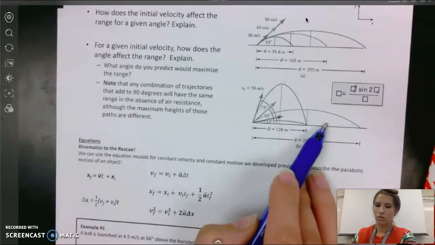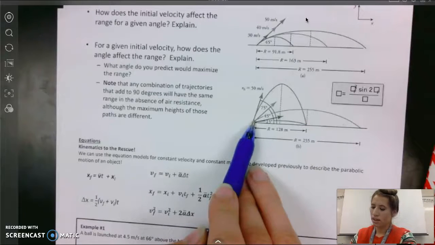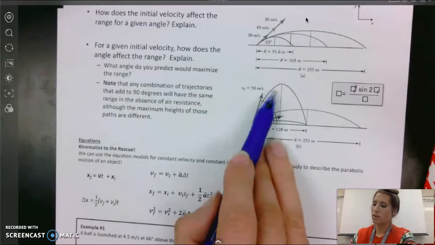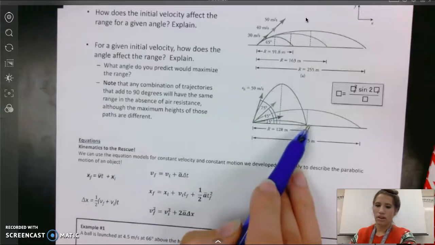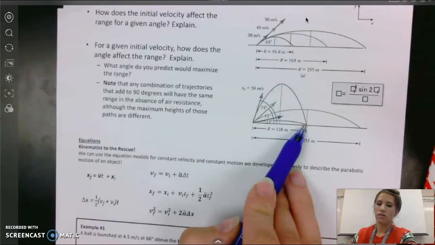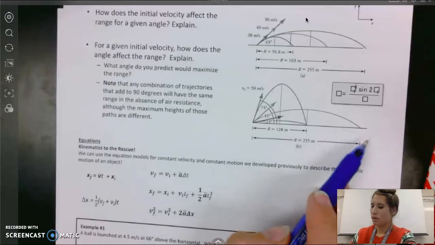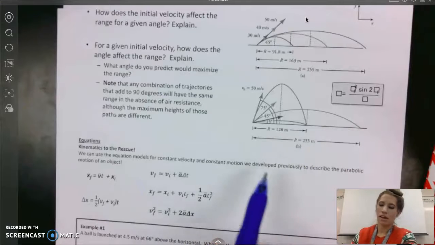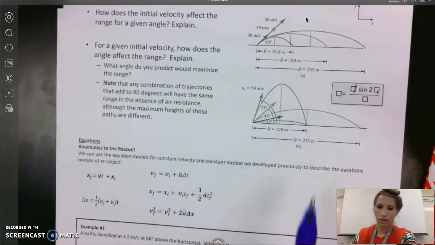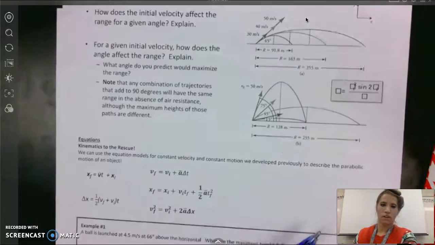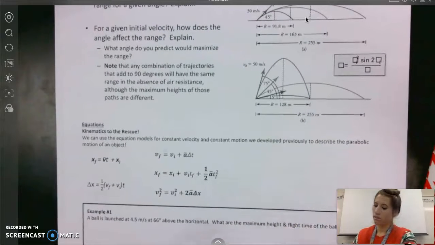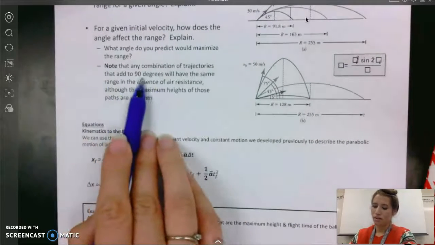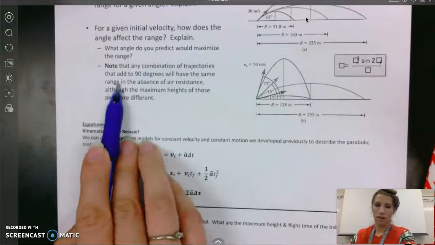We become shorter and shorter, because if this is my big angle, it goes up and then comes back down, and it hits a lot closer than it did at the 45 degree angle.